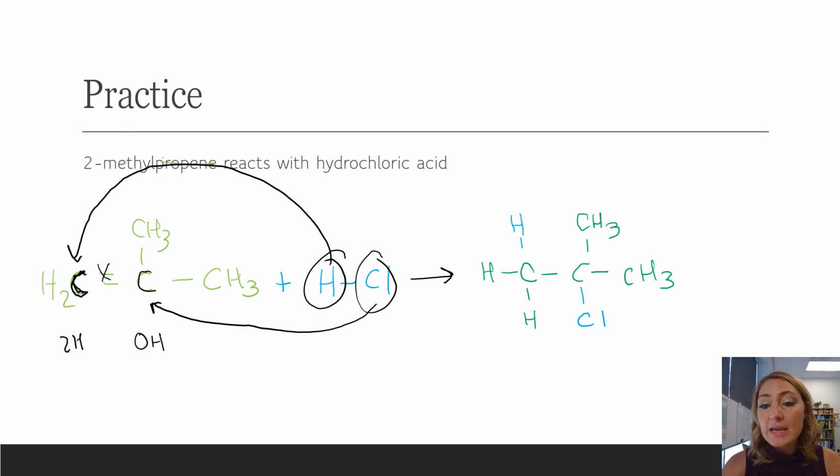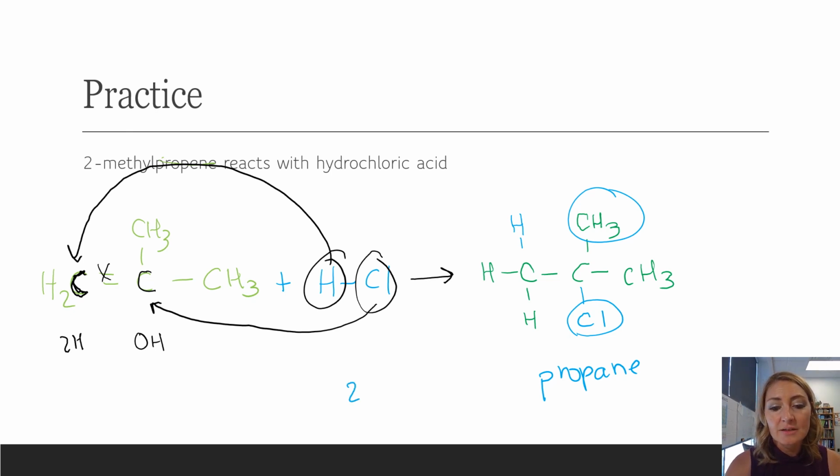If we were to name this, this is a propane, because now it's an alkane, and we have a chlorine group, and we also have a methyl group coming off the 2nd position. So now I need to alphabetize. Chlorine comes first alphabetically, 2-chloro, 2-methyl, propane.